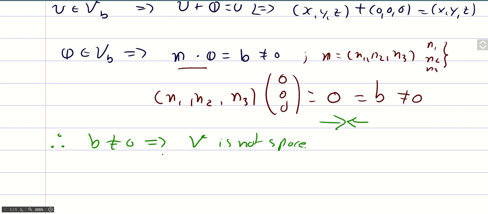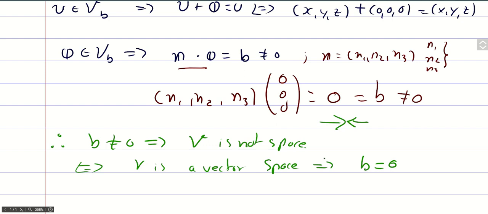And this is equivalent to say that V is a vector space if b is equal to 0.